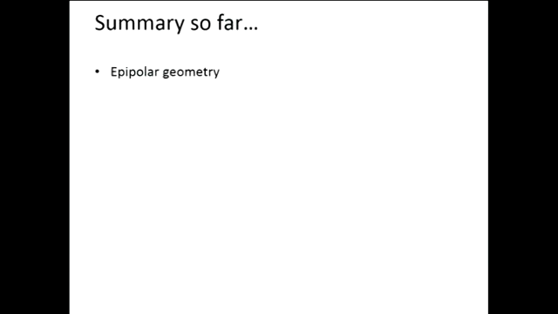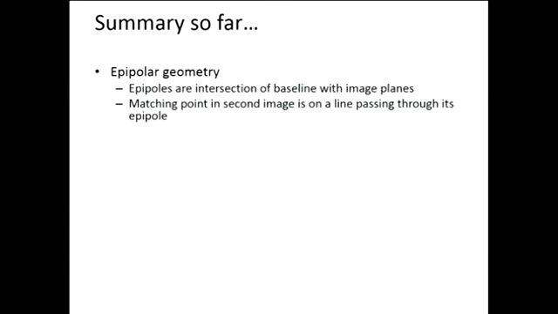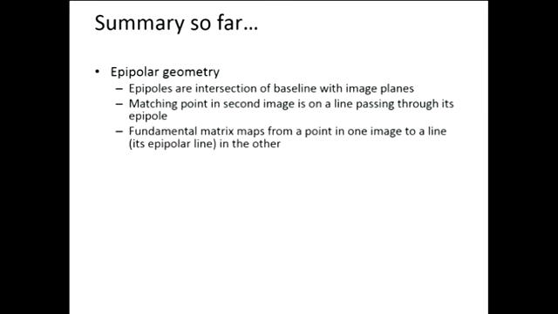All right, so far we've talked about epipolar geometry, and the summary is that the epipoles are the intersections of baselines with the image planes. The matching point in the second image is on a line that passes through its epipole, and likewise for the first image. We encode the relationship between the two cameras with a fundamental matrix or an essential matrix, which maps from a point in one image to a line in the other image.